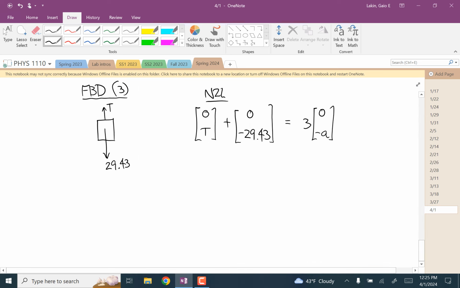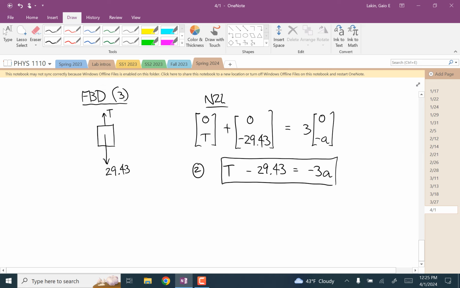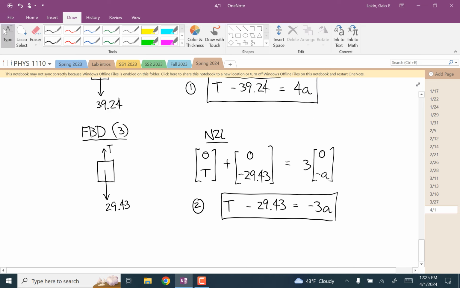So our second equation says T minus 29.43 is equal to negative 3A. And so those two boxed equations are our system of equations.